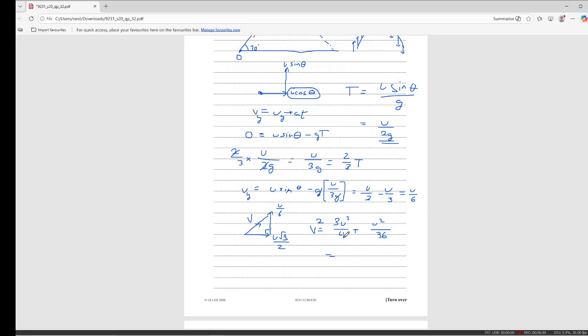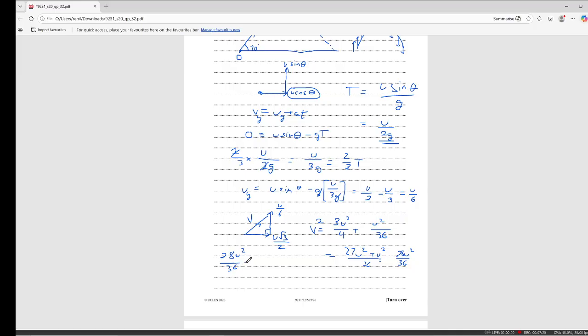We would have to multiply this by 9, so this will be 27u squared plus u squared divided by 36, which is equal to 28u squared by 36.